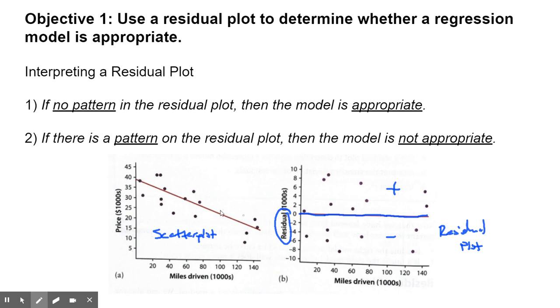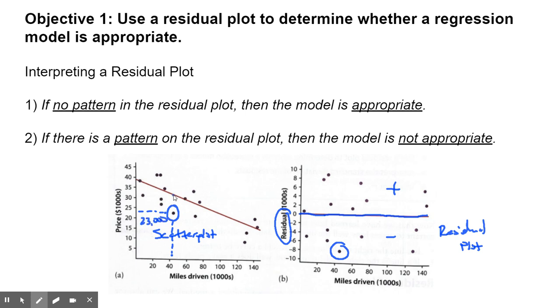So let's pick a point to look at. Let's look at this point right here. Do you see this point? So this point has an x value of, say, 43,000. It's this point on the residual plot. Notice that the actual y value of this point is roughly 23,000, right?